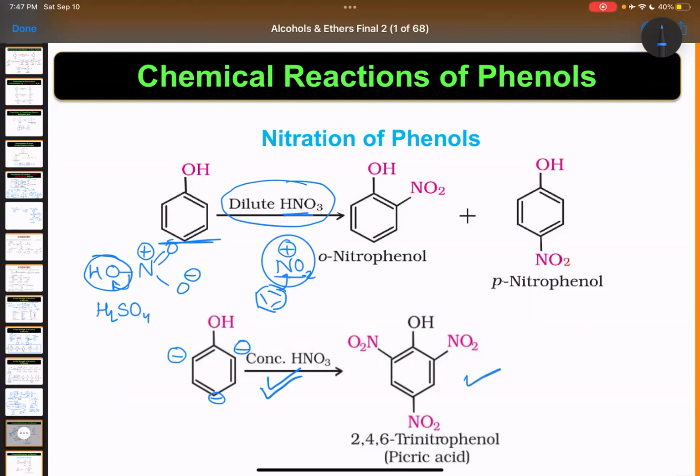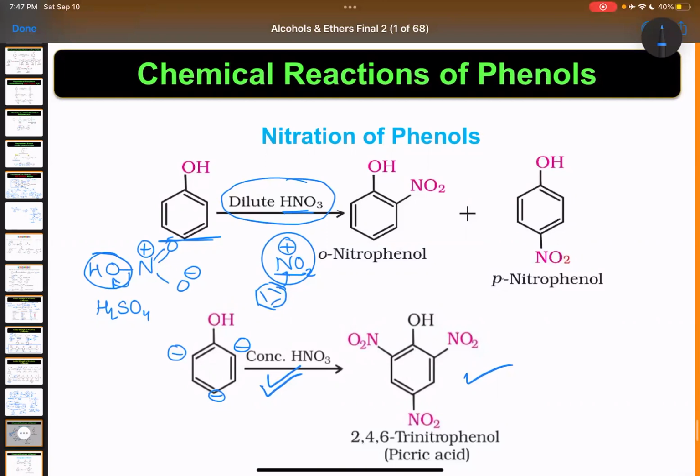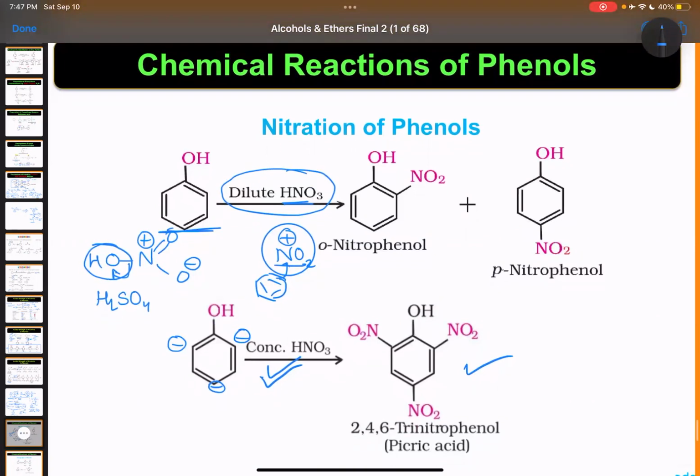So all the three places you have NO2 group connected. So that's why you need to take dilute HNO3. If you want to connect one NO2 group either at ortho or para position, you need to take dilute HNO3. That will not give the NO2 plus in surplus amount, so only one NO2 will get connected either at ortho or para. Phenol is ortho para directing because of the negative charge which appears due to resonance. Is it clear? Any doubts in this?